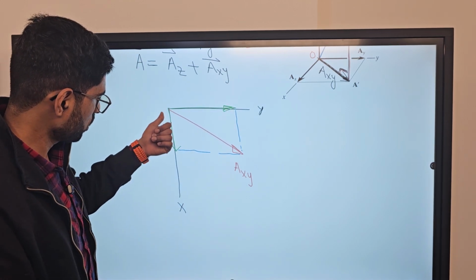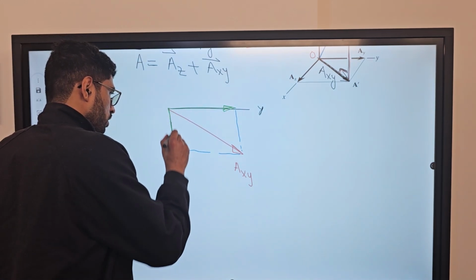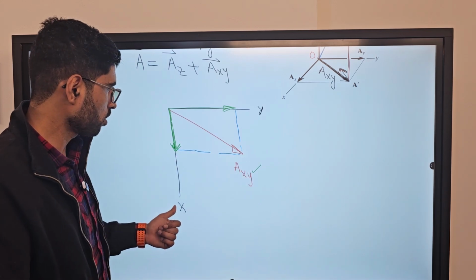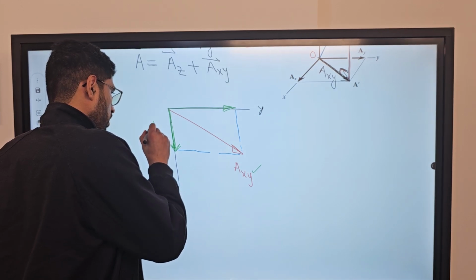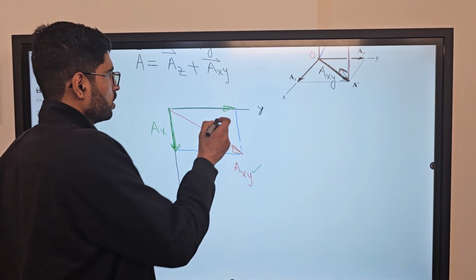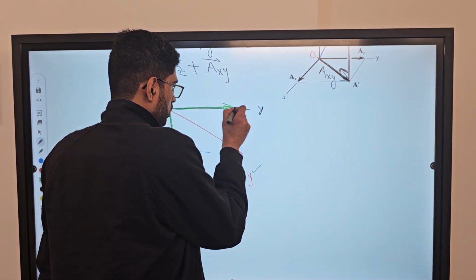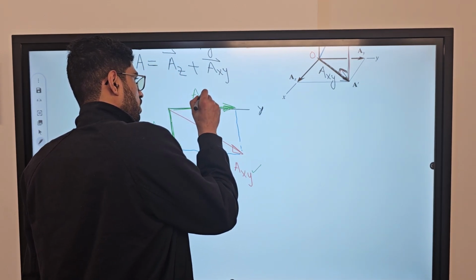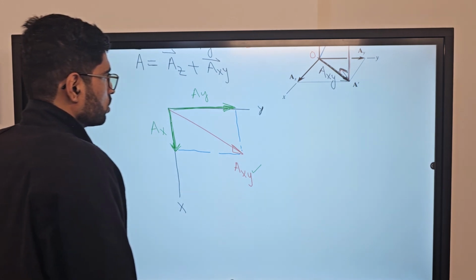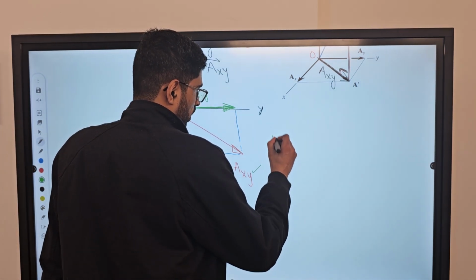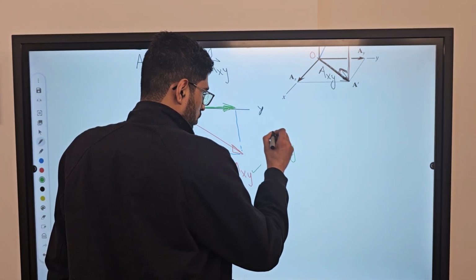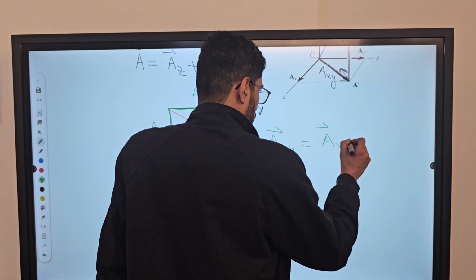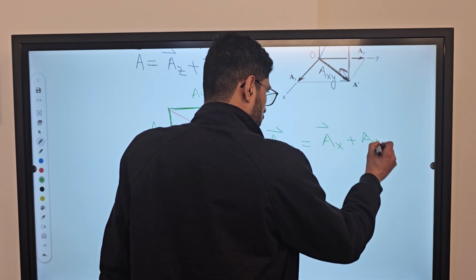Now, as you can see, this vector, which is the component of this, is acting along the x-axis. So this is ax, and similarly this vector is acting along the y, so this is ay. Similarly, axy vector is equal to ax plus ay.